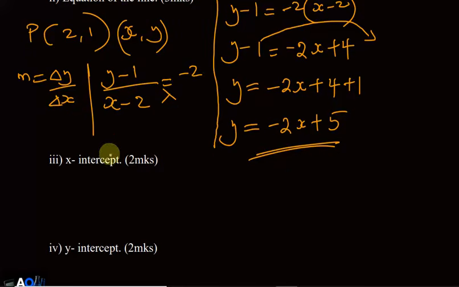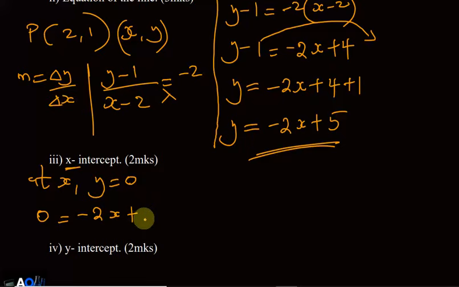Next, we want to find the x-intercept. We should know that at x-intercept, y is always 0. So we use this equation that we have here. Where we have y, we put 0. It will be 0 equals negative 2x plus 5. Let's find x. We can take this negative 2x to the other side.